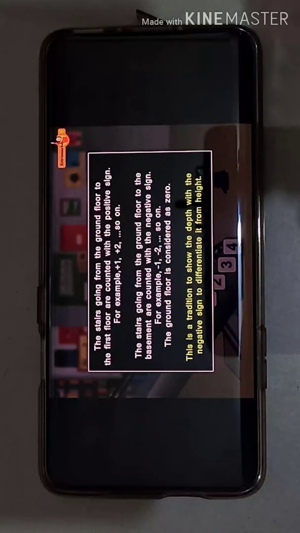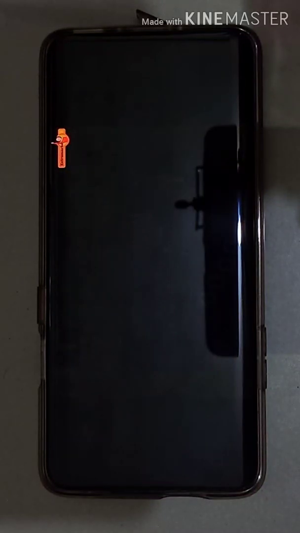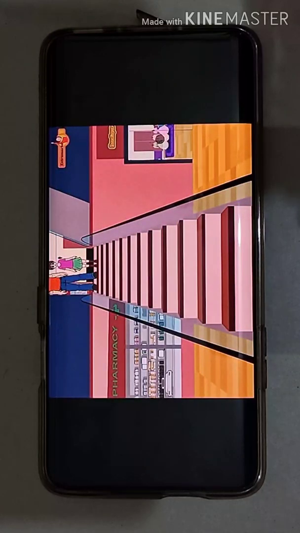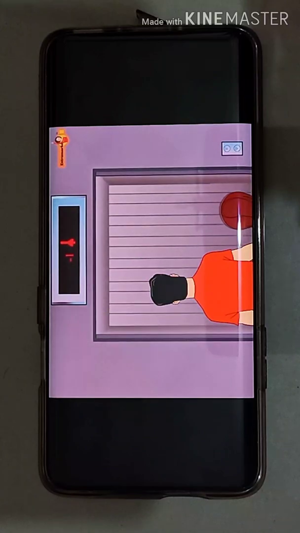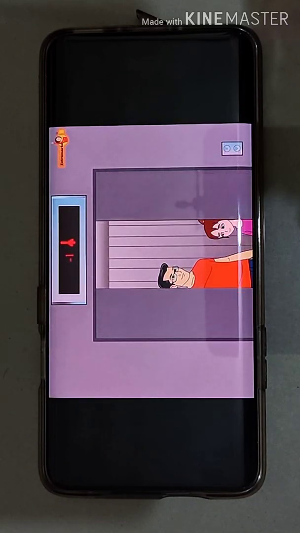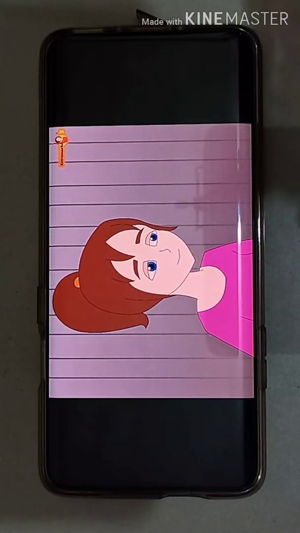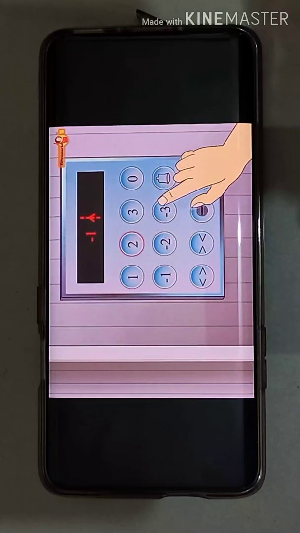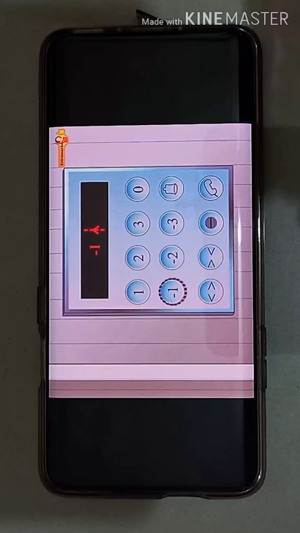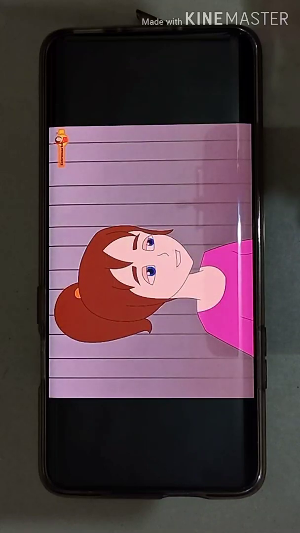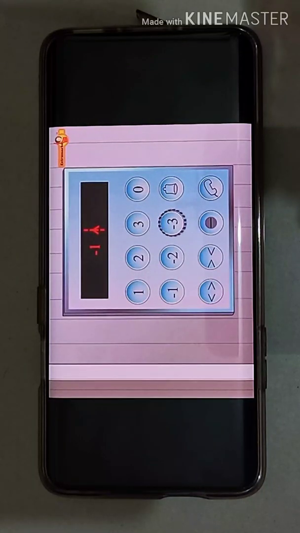This is the tradition to show depth with the negative sign to differentiate it from height. 0, -1, -2, -3, -4, -5. Here, -1 indicates first basement, -2 indicates second basement, and -3 indicates third basement.